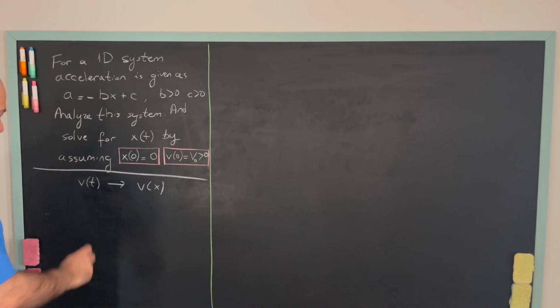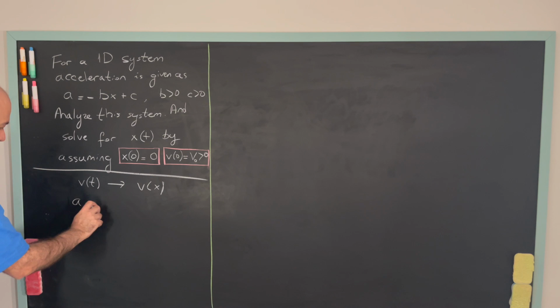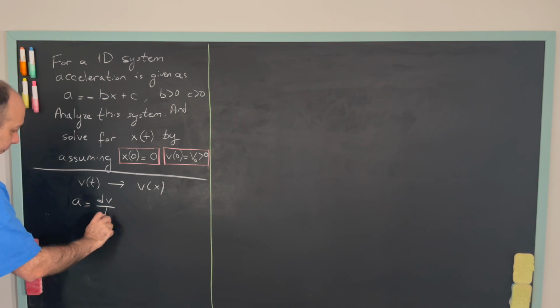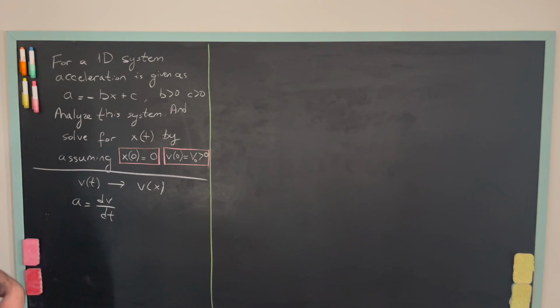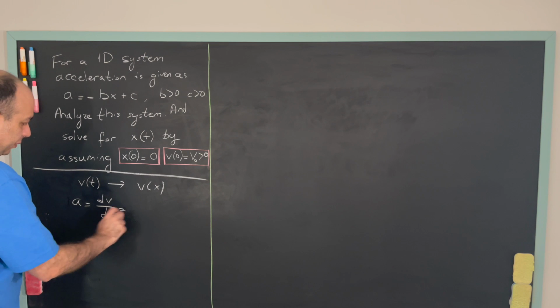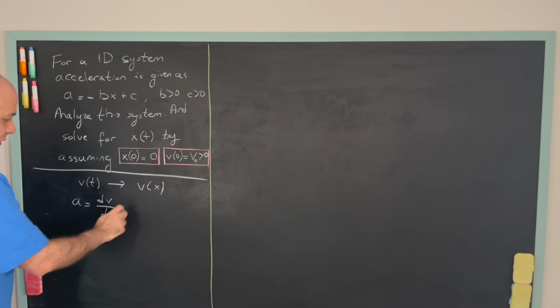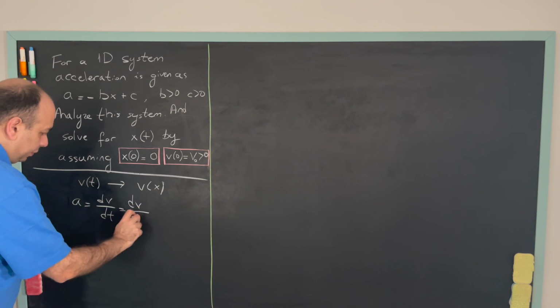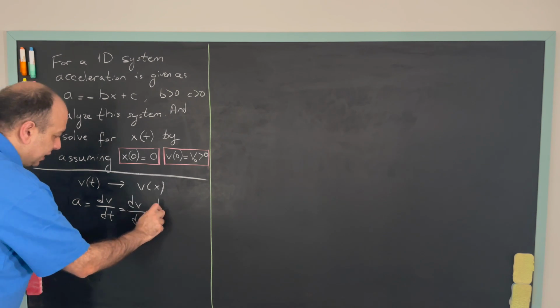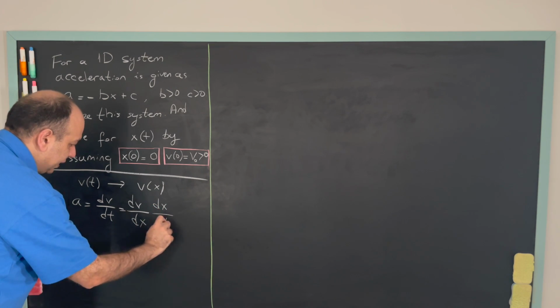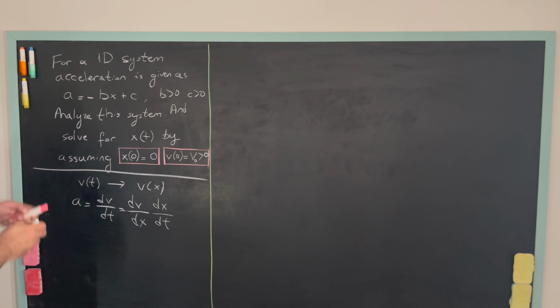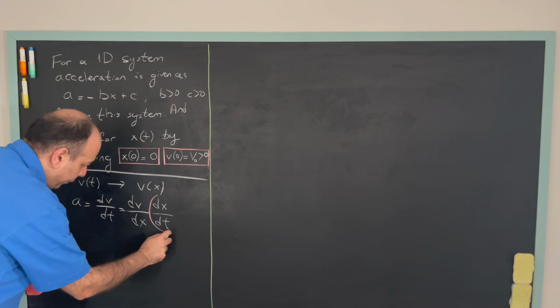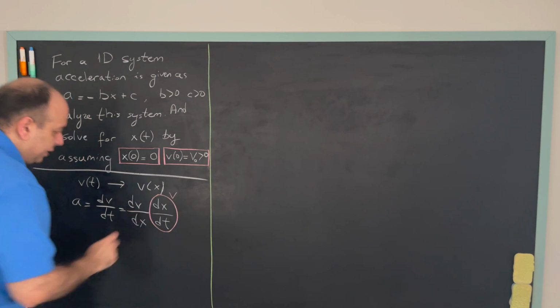If this is the case, acceleration is given as dv/dt. So time rate of change of velocity, right? But if we can write v as a function of x, this is simply dv/dx times dx/dt. So this term here is nothing but the velocity, right?